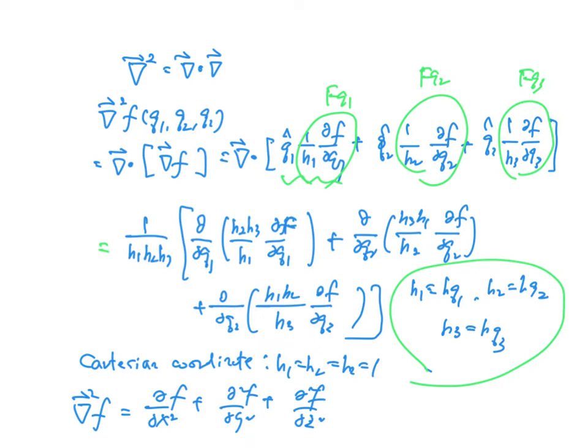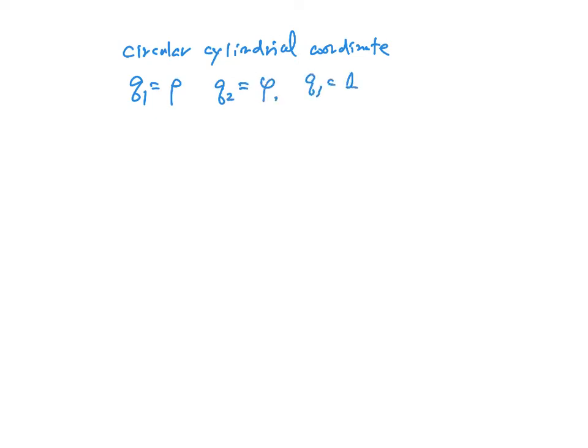Cylindrical coordinate. Q1 is rho, Q2 is phi, Q3 is z.